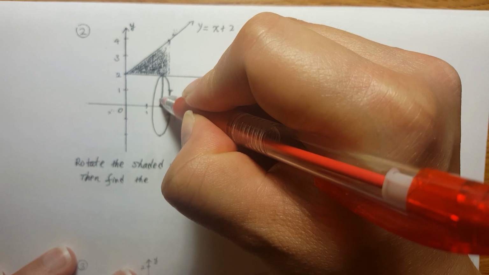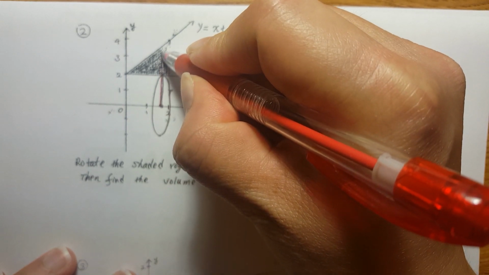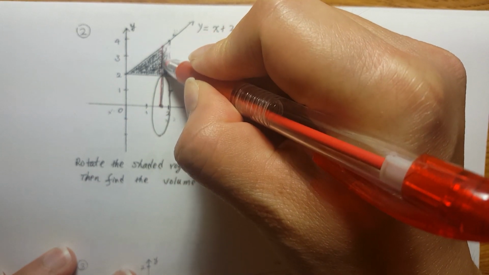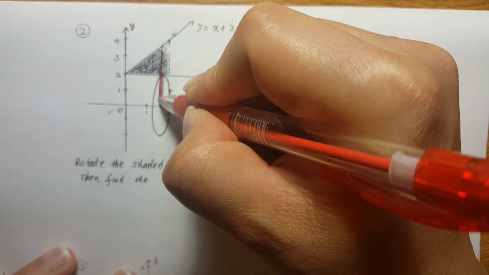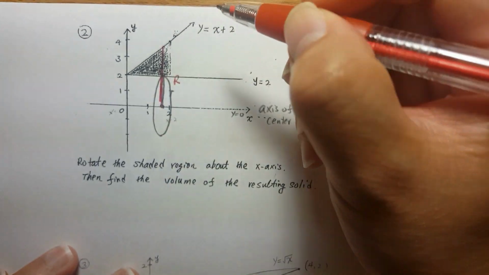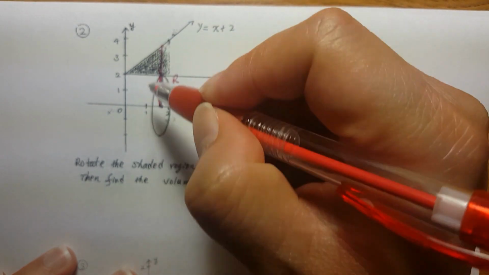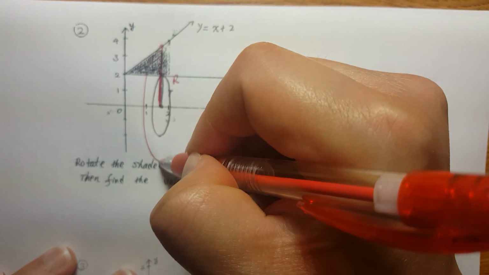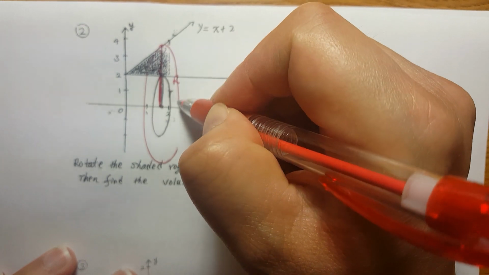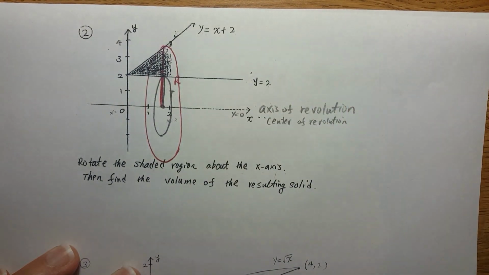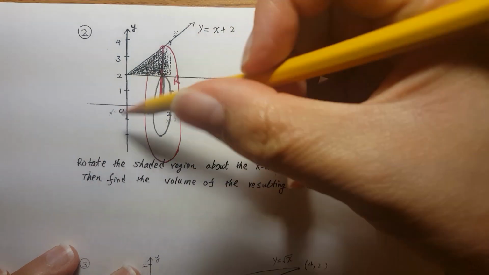You're going to hit the outer function. So this is going to be the big radius. Okay, so you're going to have this much. Now I'm going to get my outer circle. So I'm going to connect this.